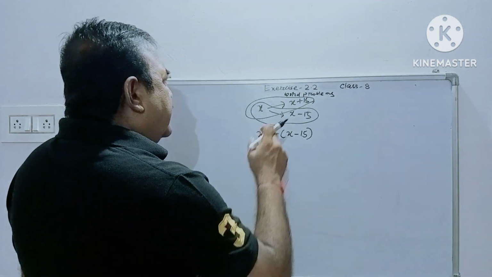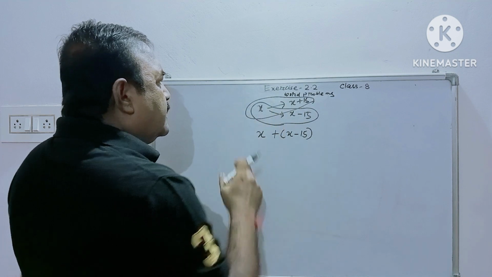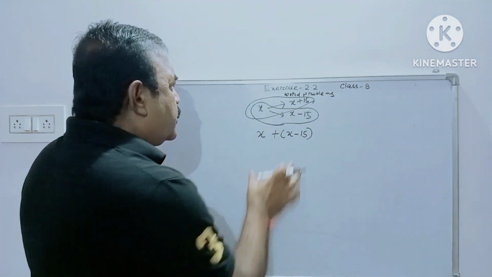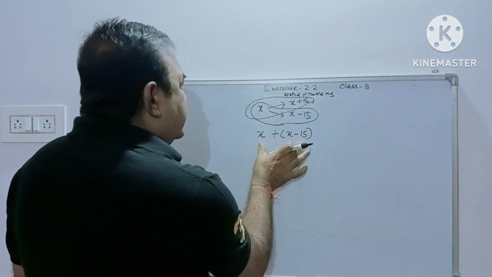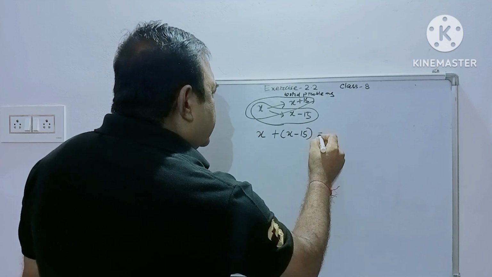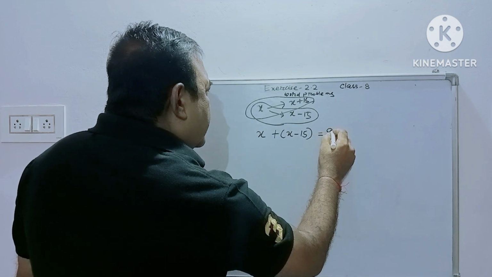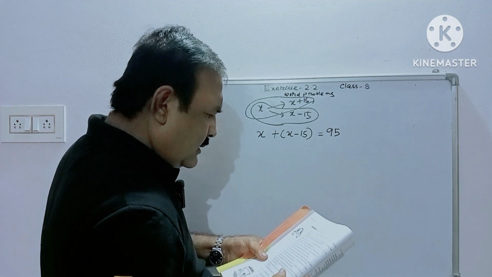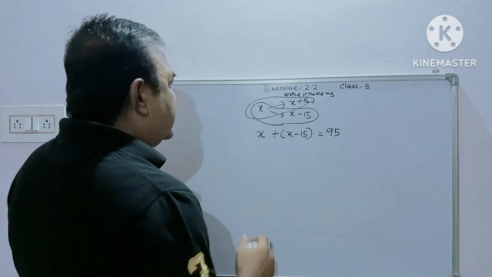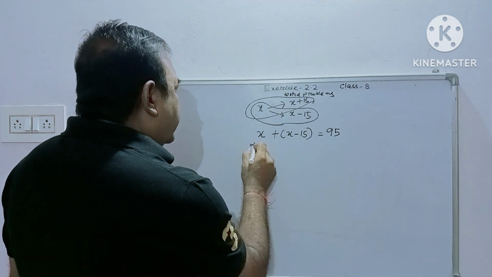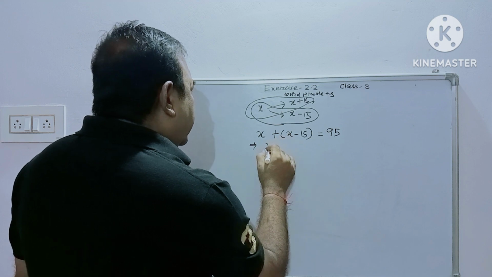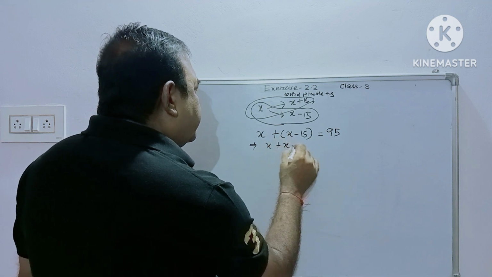Yes. And the difference between x plus 15 and x is 15. So you just add. So it is the sum, or not? Yes, that is equal to 95. So you will solve. That implies, you just release the bracket.